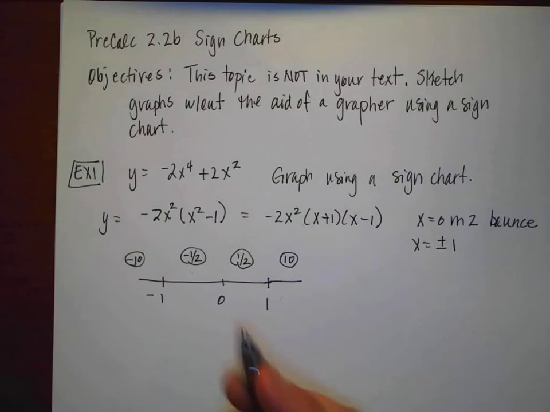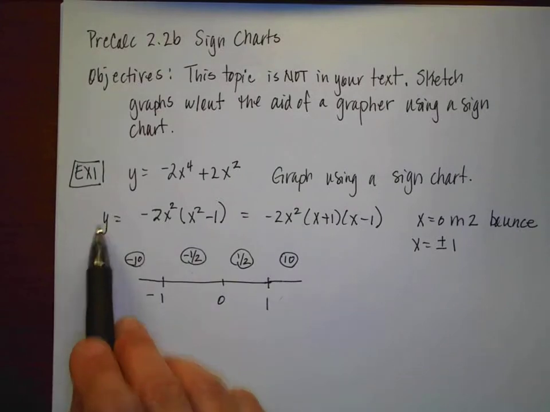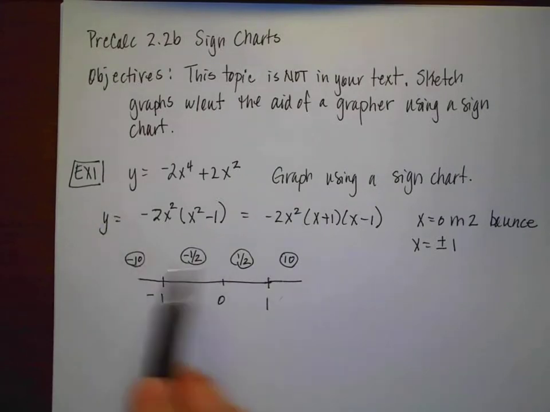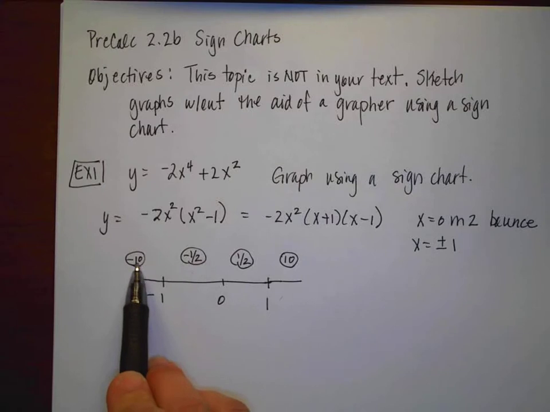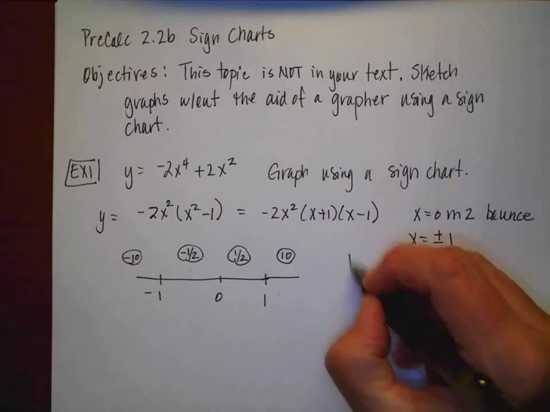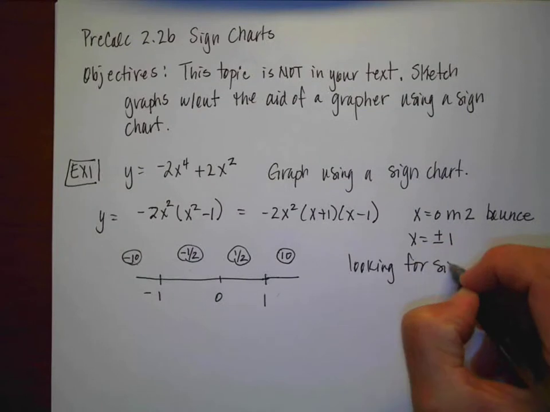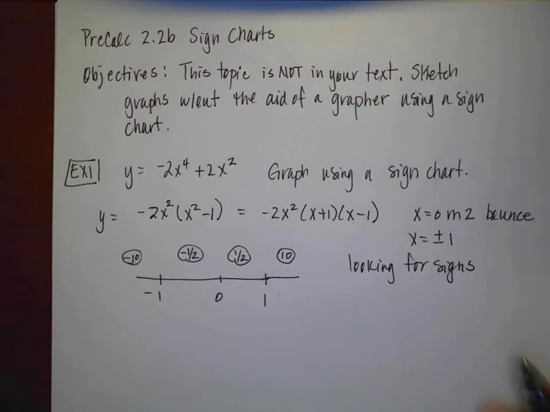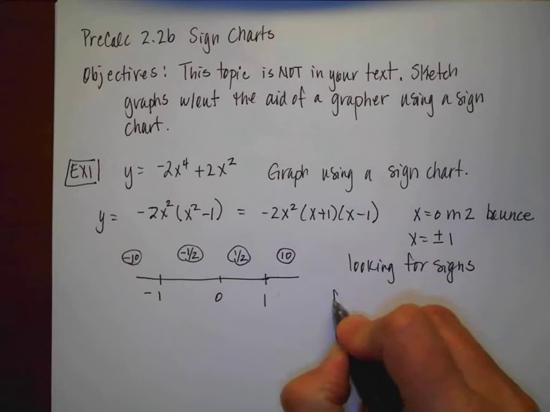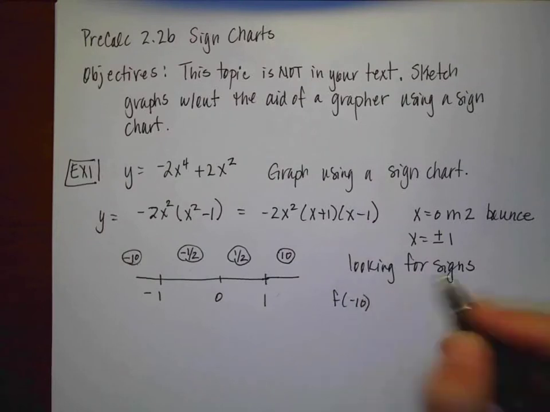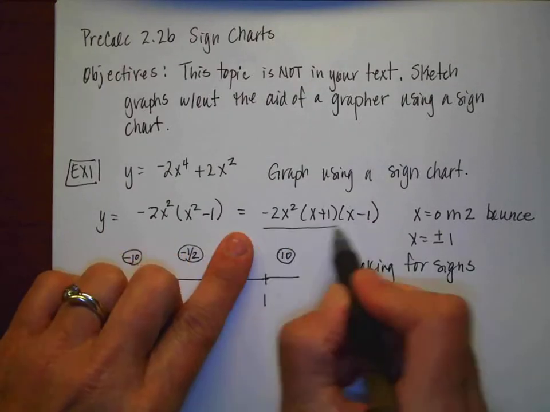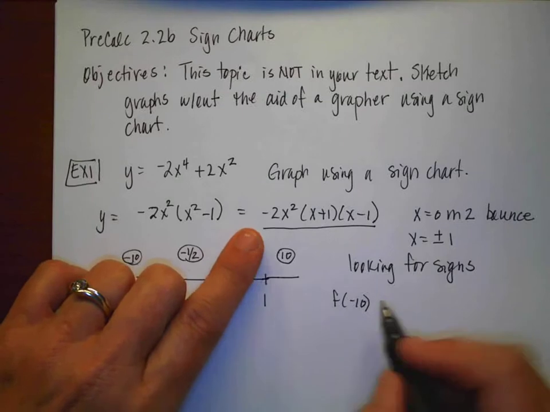So then what we're going to do is evaluate the function at these particular values, but I don't care about the numeric value. All I want is what the sign is. So I'm looking for signs. If I do the function evaluated at negative 10, it's easiest if you do it in the factored form.